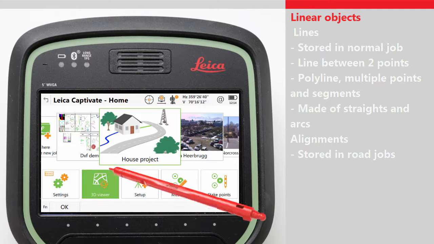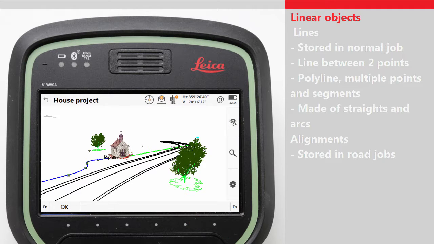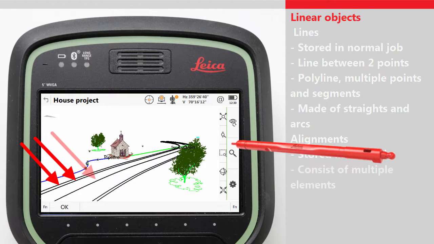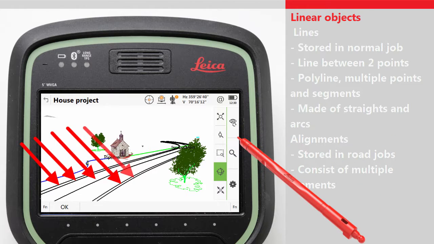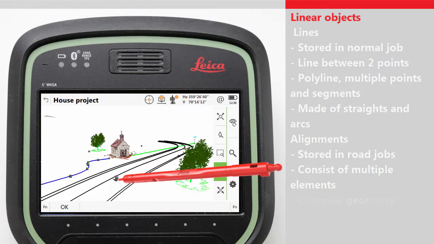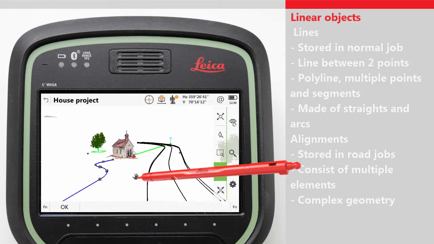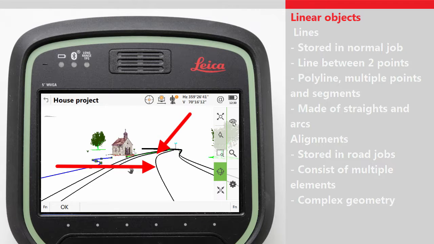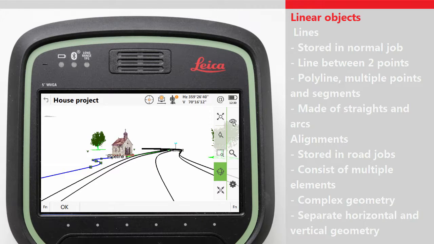When we return to the 3D Viewer app and view the same job as before, we can now additionally see the road alignment is shown. Typically, road alignments consist of multiple elements which define the road and can include relatively complex geometry, such as clothoids and spirals, and also normally consist of separate horizontal and vertical designs. In this road job, we can see the alignment of a simple road, which includes the centre line, edge of road, and drain.